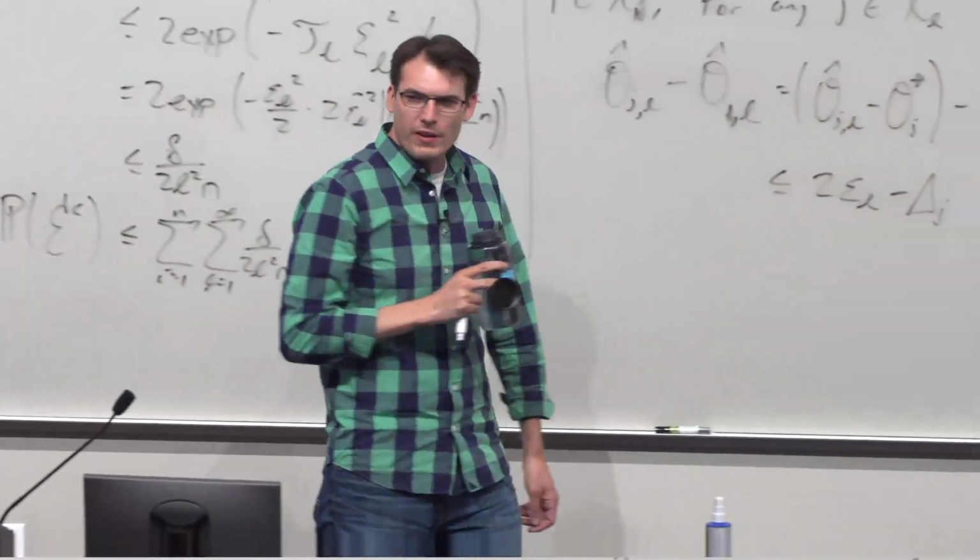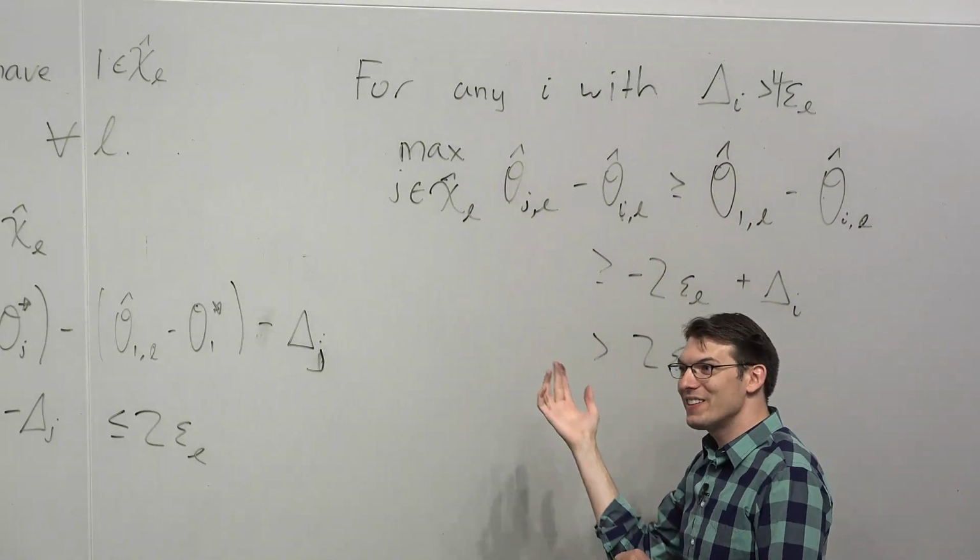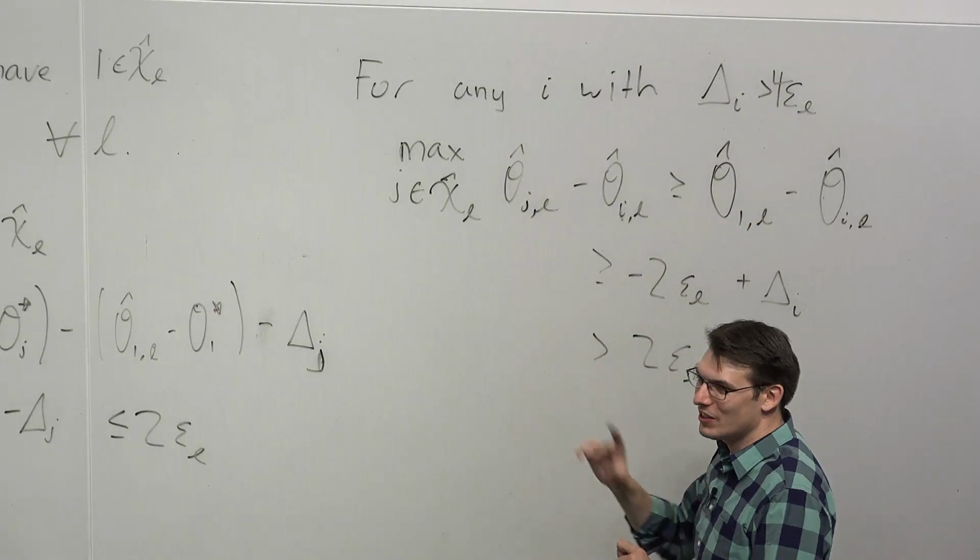And so yeah, sorry, what was the question? So if delta 2 is, for example, 1 over 5, then for L large enough, this thing is less than 1 over 5. But all of the delta i's are more than 1 over 5. Yes. So in that case, I'm just counting all the arms with gap greater than some number that are not the best arm will be thrown out.